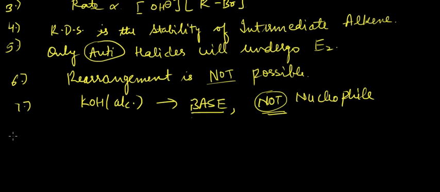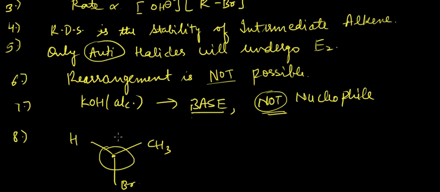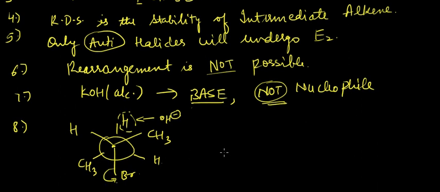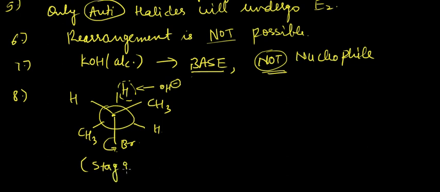Okay, and what I actually mean by the anti rule is that halogen and hydrogen must be anti to each other. Let's suppose this was the front carbon and this was the back carbon. This is presently in staggered configuration, so OH would be attacking on this and Br would be going from the anti position. So this is staggered. And if it's eclipsed, then we would have steric crowding.